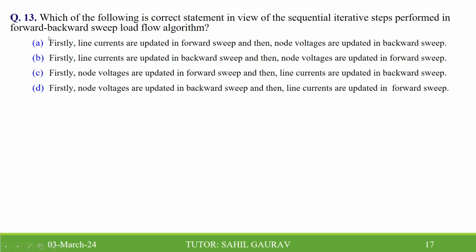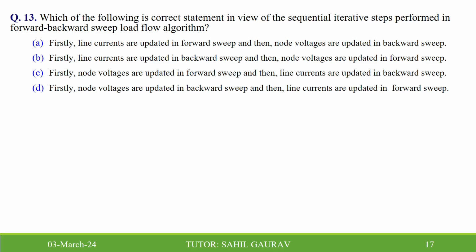This is a theoretical type question. Which of the following is the correct statement in view of the sequential iterative steps performed in the forward backward sweep load flow algorithm? What do we calculate first and then perform? Option A: firstly line currents are updated in forward sweep and then node voltages are updated in backward sweep.